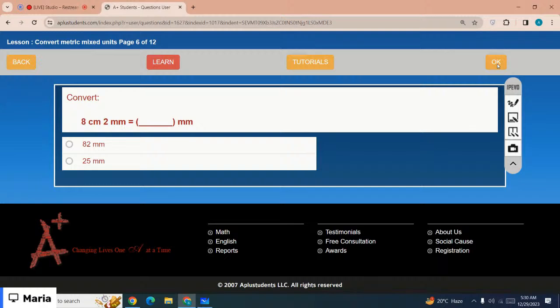Okay, the next one is 8 centimeter and 2 millimeters. You have to convert it into millimeters. So which is the correct option?